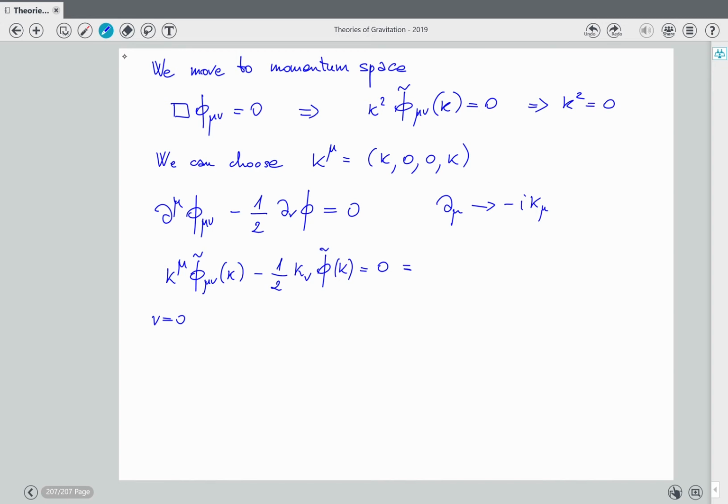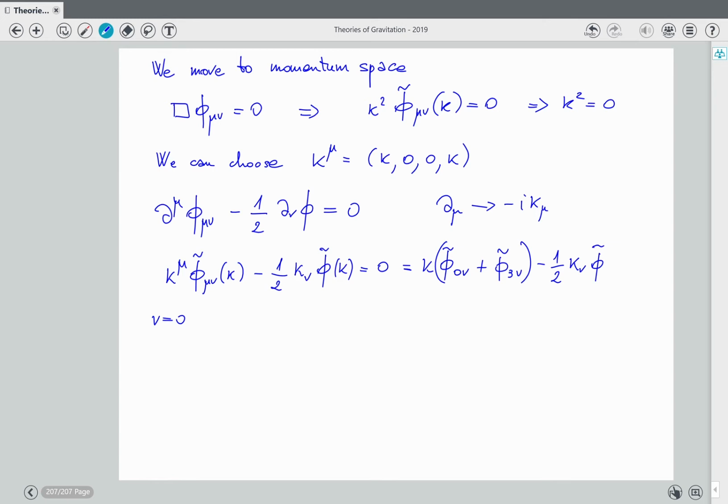And since we know k, we just have 2 components. k phi tilde 0 nu when mu is equal to 0, and then you have mu equal 3, which is again k, and that is phi tilde 3 nu minus 1/2 k nu phi tilde.